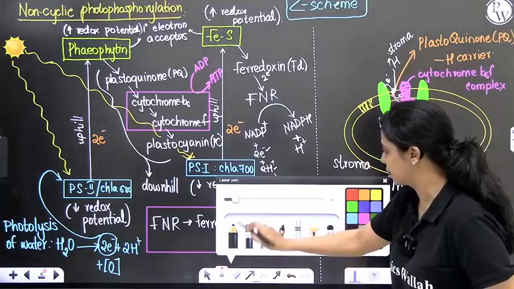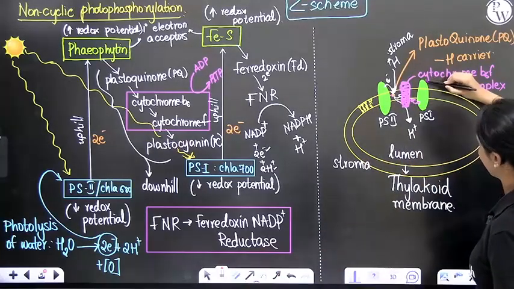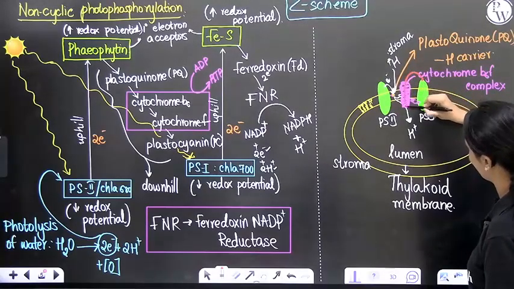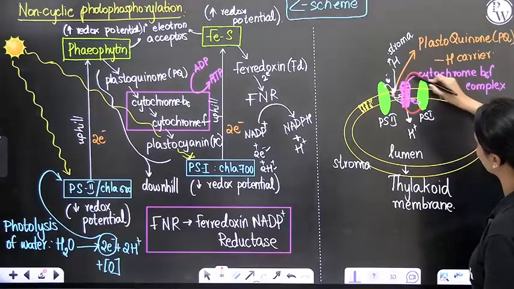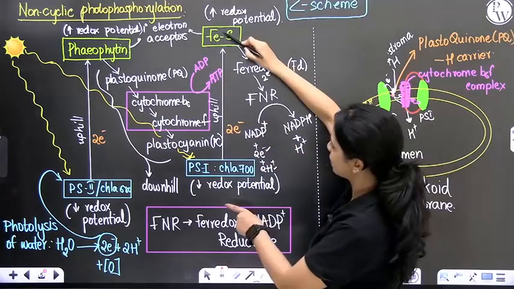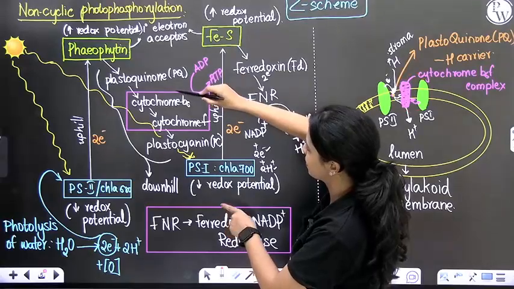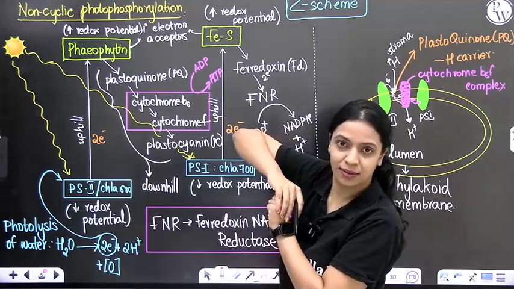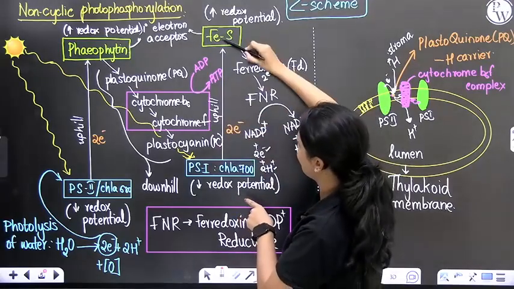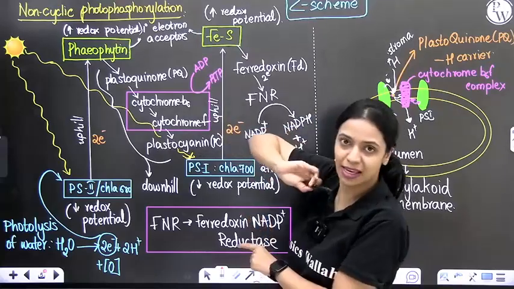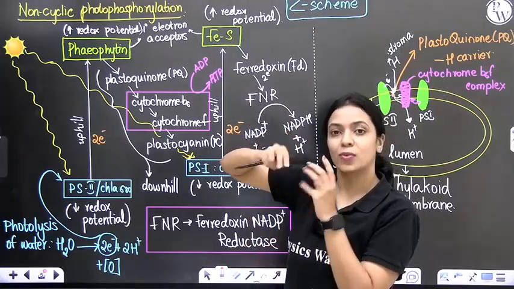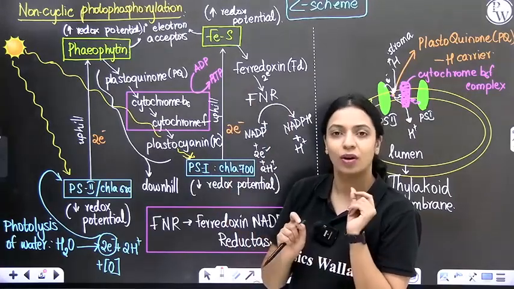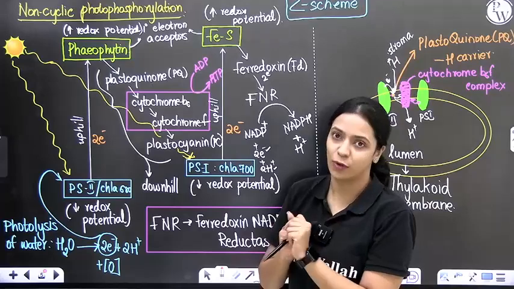This electron will get excited, the electron acceptor will accept it, and that will transfer it to the cytochrome B6F complex and back to the same photosystem. The cytochrome B6F complex passes it to plastocyanin, and plastocyanin back to PS1. Whatever electrons are lost from here are coming back to PS1, cycling back to the same photosystem.